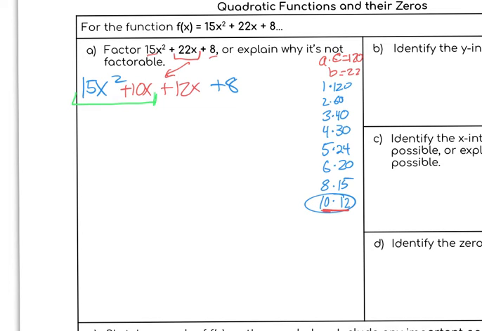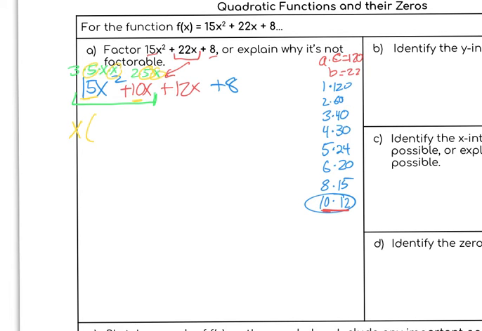After that, I'm going to take a look at 15x squared and 10x. Both of them have an x. If it helps to write this as like 3 times 5 times x, and 2 times 5 times x, that's totally fine. So both of these have an x. I'm going to take an x out of both and put that out front. I've also got 15 and 10, both of which are divisible by 5.